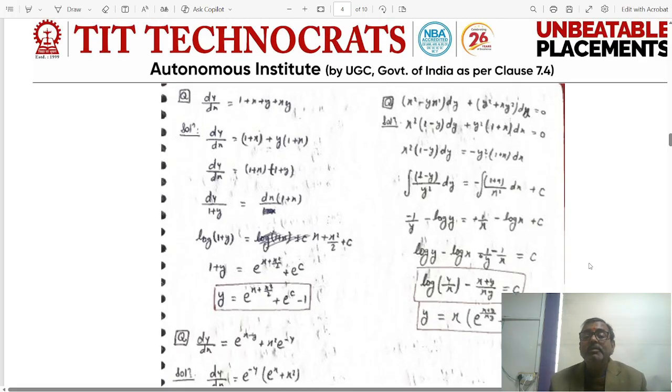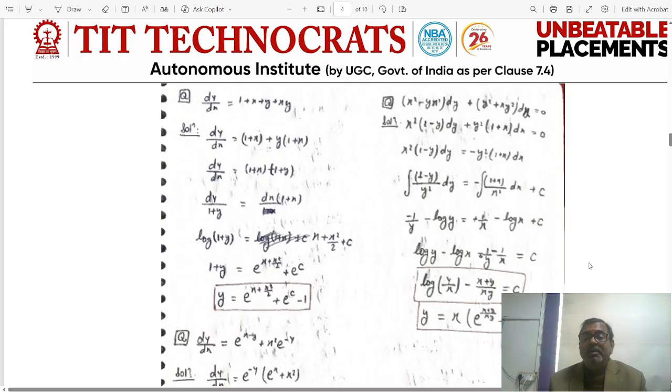Another example is (x² + yx²) dy + (y² + xy²) dx. On simplification and integration, we can write (1 − y)/y² dy = −(1 + x)/x² dx.